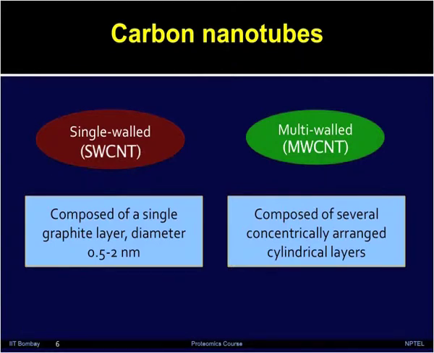The single walled nanotubes are composed of a single graphite layer with a diameter in the range of 0.5 to 2 nanometers, whereas the multi walled nanotubes are composed of several concentrically arranged cylindrical layers. There are various properties for each of these groups, but we will focus more on how these nanotubes are applied for proteomic applications.